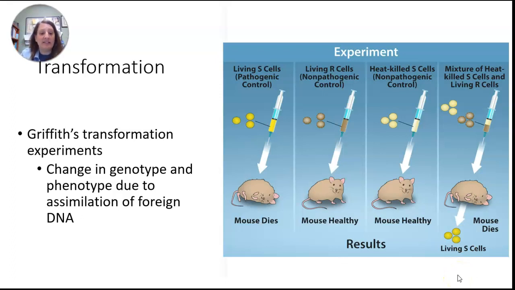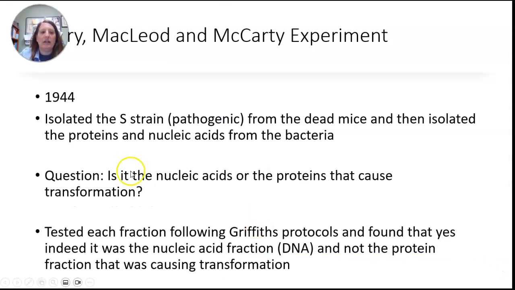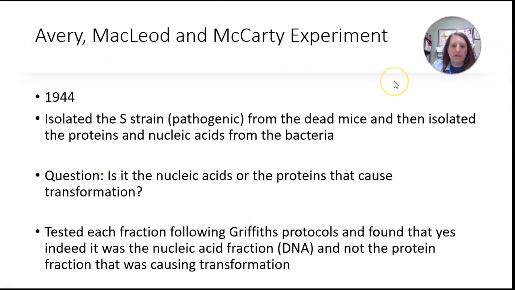Did he show that it's DNA itself? No, he failed to carry out the experiment far enough. However, in 1944, a few years later, another lab, and the three scientists that get credit here are Avery, McLeod, and McCarty. They took Griffith's experiment a step further.